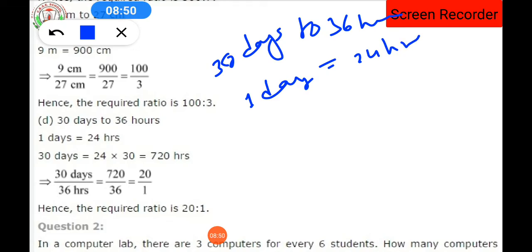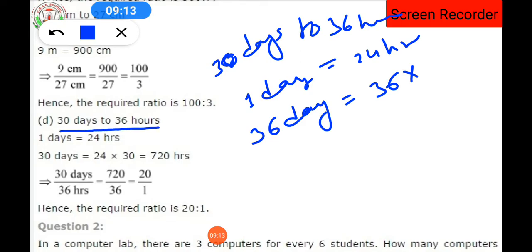Similarly, if we want to convert days into hours, we are going to multiply. Okay, mistake is there. Dear students, here I forgot to say that it is 30 days and 36 hours.